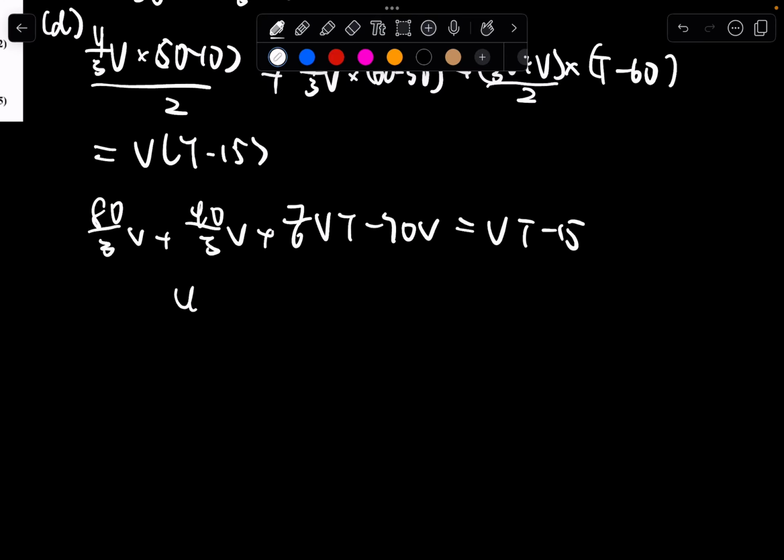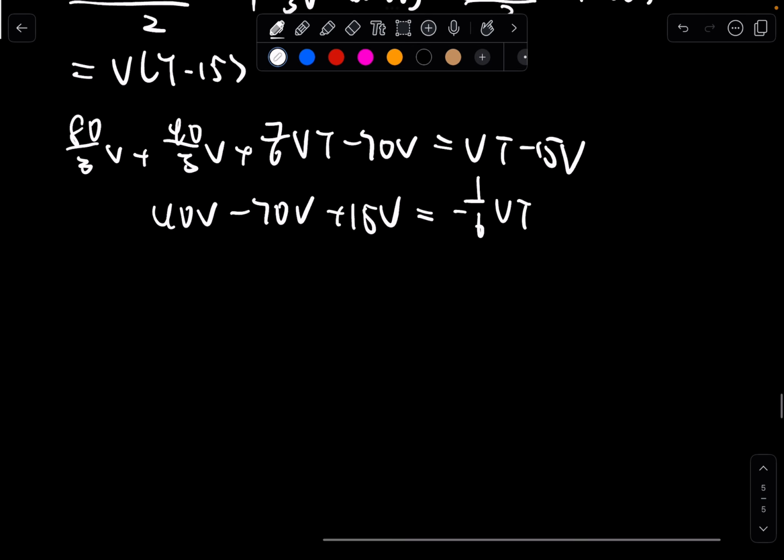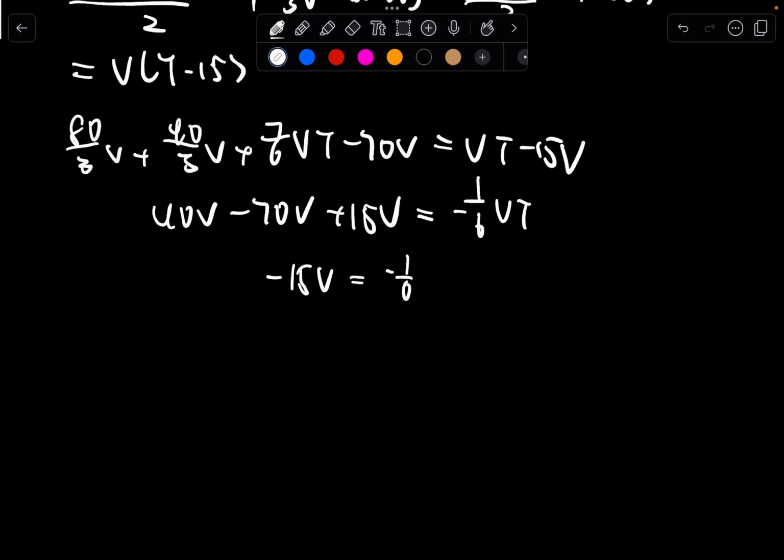Then this combined together would be 40v. Let's move the vT over to the right, and move the 15v over. So 15v would equal negative 1/6 vT, so negative 15v equals negative 1/6 vT. So T would equal, after some cancellation, 90 seconds.